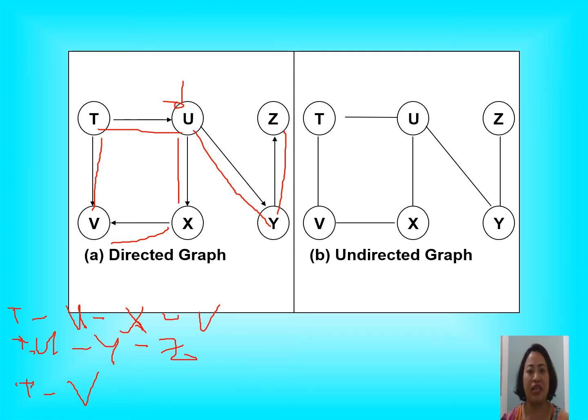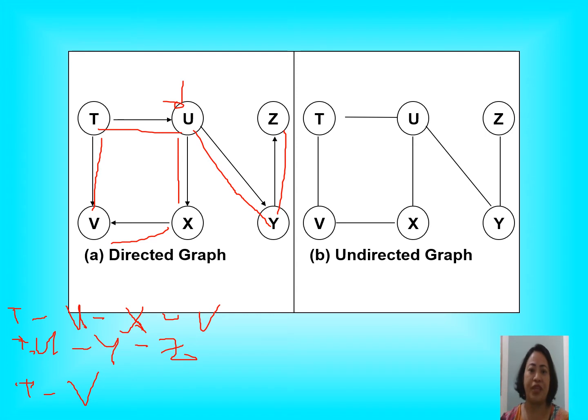In this diagram, as you have noticed, it is like our first example, the directed graph. The difference is that instead of having arrowheads, it has no arrowheads, but the edges are the same.